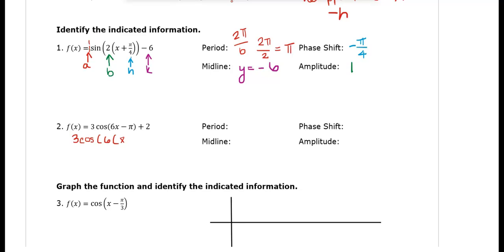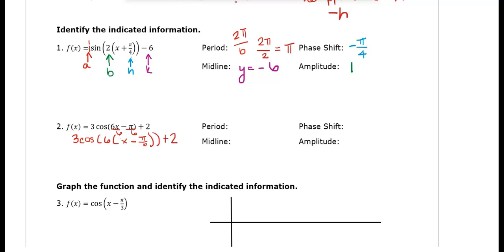So that means I'm going to have that 6x right here. I'm going to divide by 6, but that also means I have to divide by 6 here. So let me fix this a little bit so it doesn't look so weird. So now I'm going to have 3 times cosine of 6 parentheses x minus pi over 6.